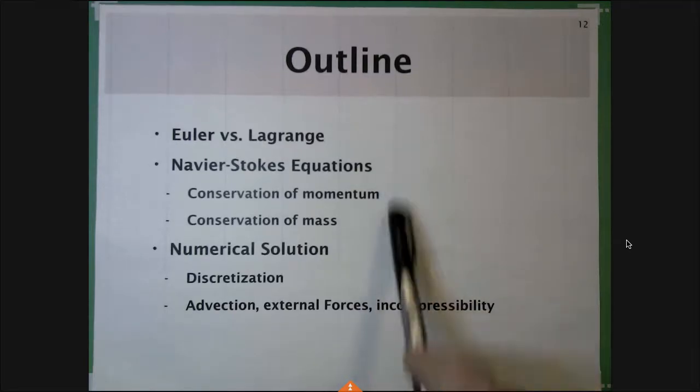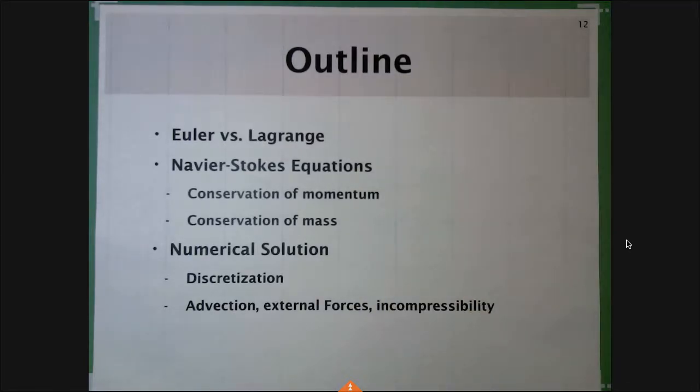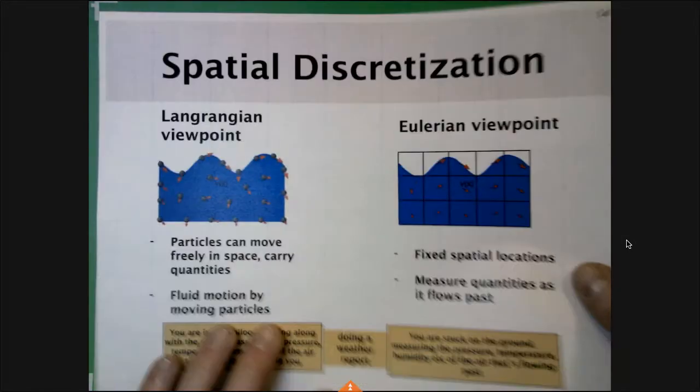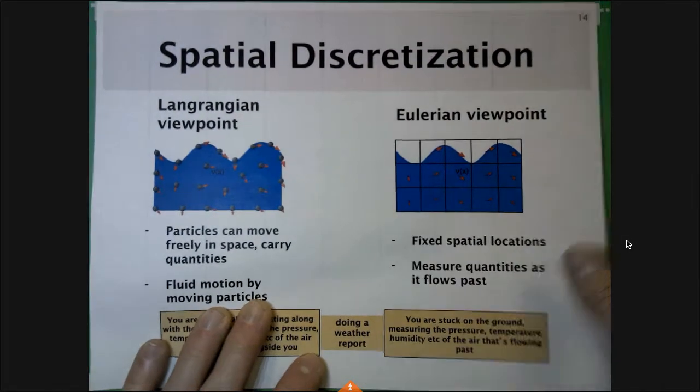And as you know, the continuum math is just one side of the coin. The other side of the coin, equally important, is the numerical solution. As you have already seen last time, just having the PDE doesn't really mean that you can solve it. To solve it in a discrete world, we need to invoke some tricks, and that's the numerical solution part. Okay, so the difference between Eulerian and Lagrangian viewpoints is actually very important.